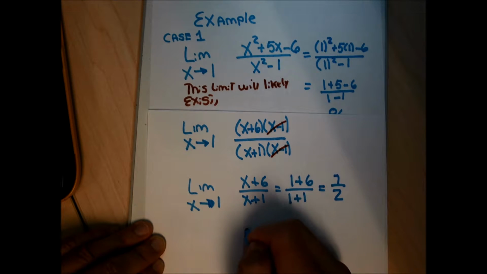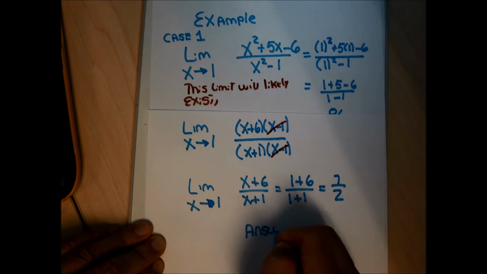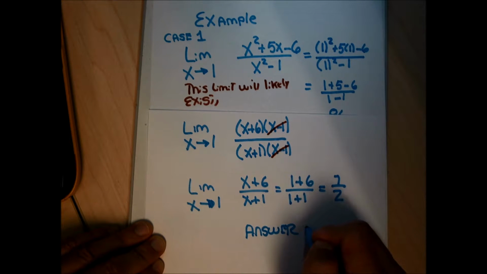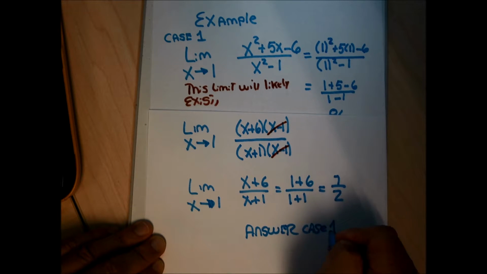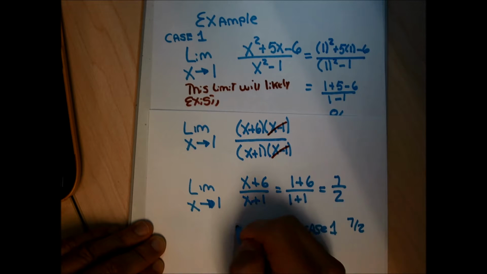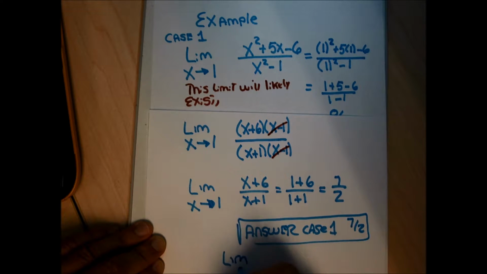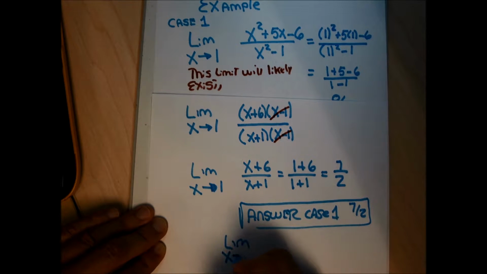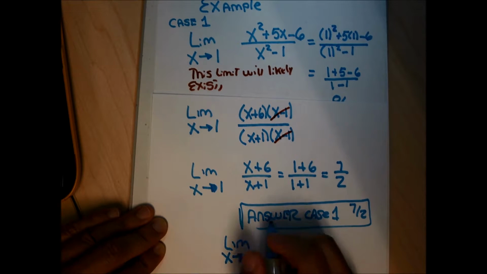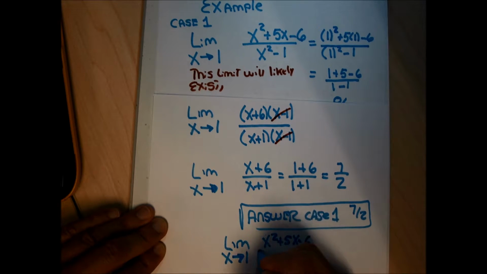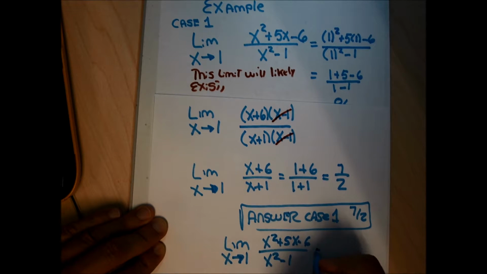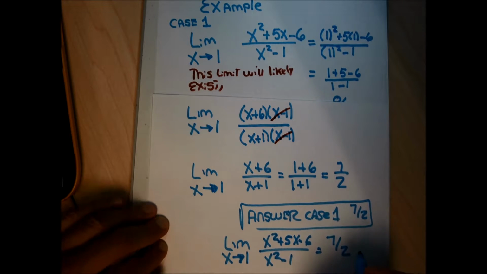So my answer to case 1 is 7 over 2, or 3.5. Or I could say the limit as x approaches positive 1 of x squared plus 5x minus 6 over x squared minus 1 is 7/2.